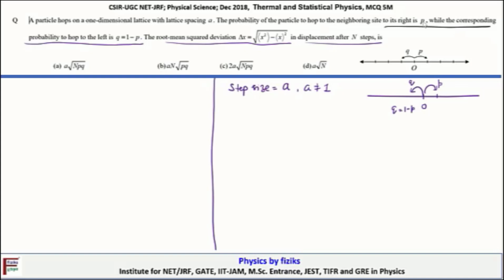Okay, the total number of steps are given to be n.